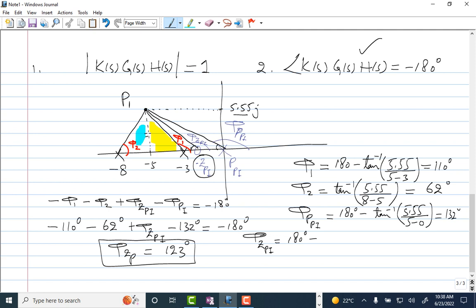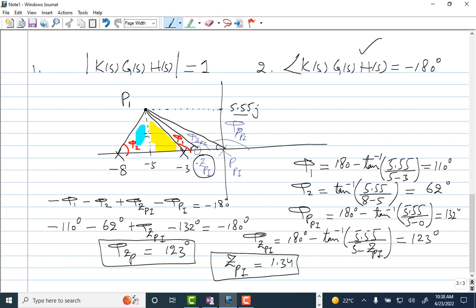The height is given to us, tan inverse of 5.55 divided by 5, I don't know this value, so I put 5 minus z pi. This must be equal to 123 degrees. When I solve this, I easily calculate z pi is equal to 1.34.